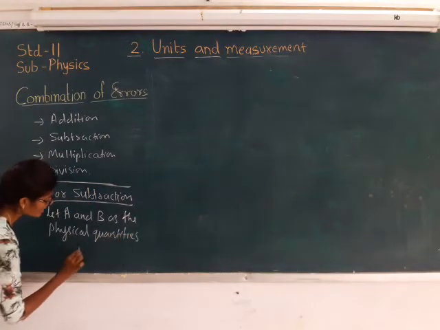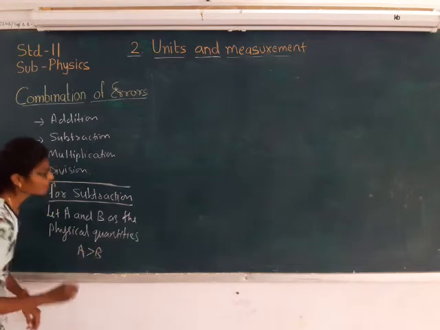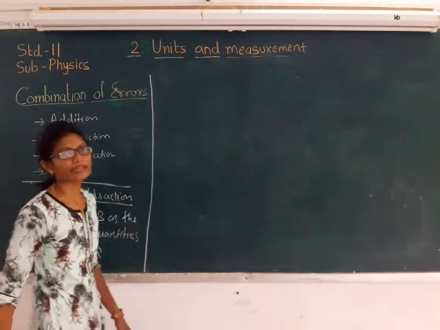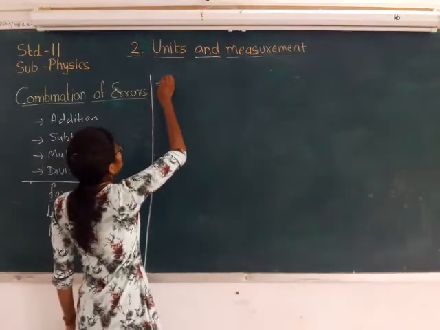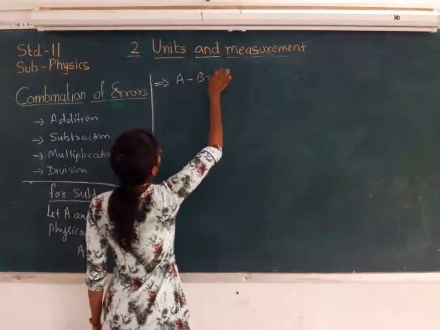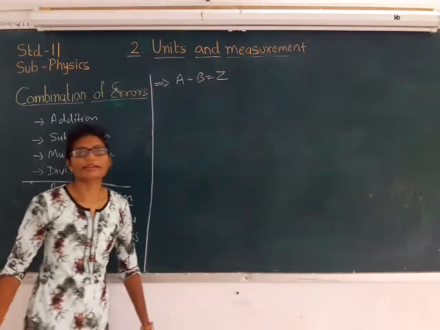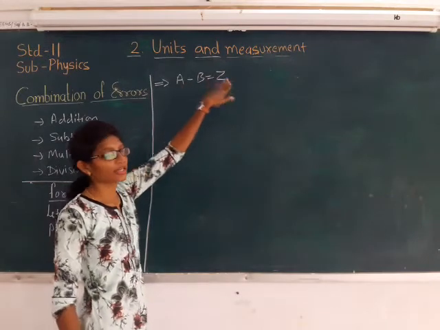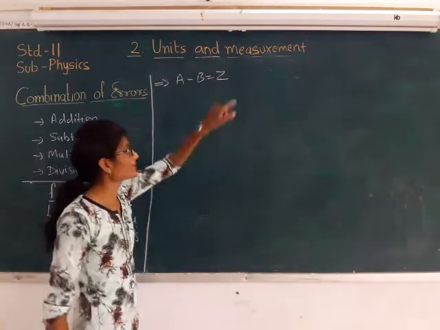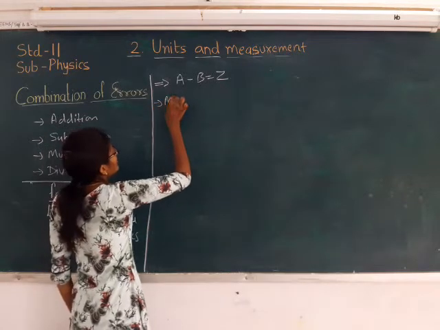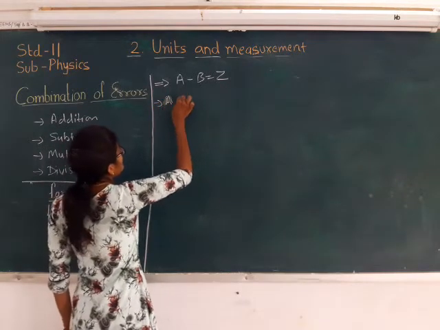Here let us take A greater than B. So we can subtract physical quantity A minus B. That is A minus B. Let its difference be Z. Right? When I am taking the difference of these two physical quantities, the result that I am getting is taken as Z.